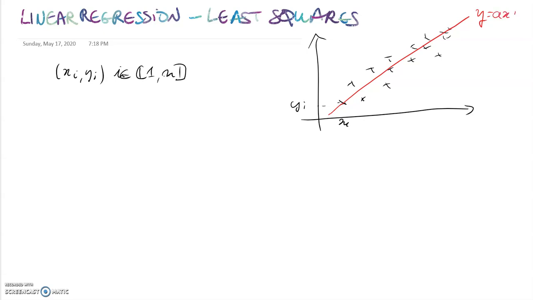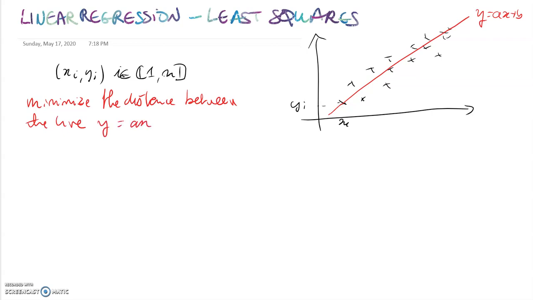y equal to ax plus b, such that in some sense it's going to be the closest to your scatter points, right? We want to minimize the distance between the line of equation y equal to ax plus b.